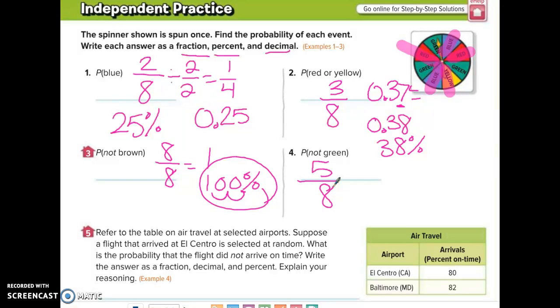I type 5 divided by 8 into my calculator, and I get 0.625. I'm going to round it to the nearest hundredth. So the 5 tells my 2 to go up, so I'm going to put 0.63. To change it into a percent, I move it 1, 2 places, and I get 63%.